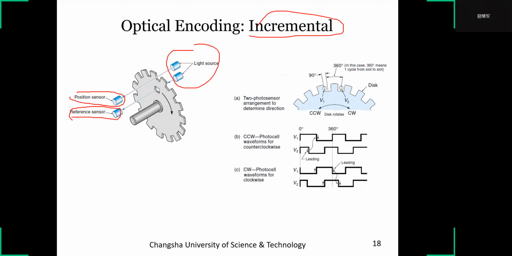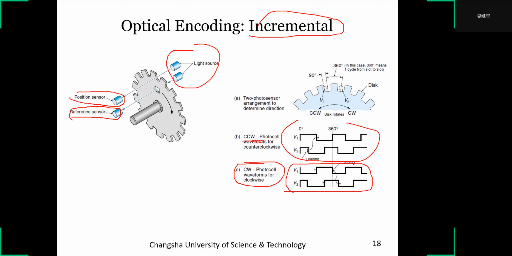When the encoder turns in different directions, CCW is counterclockwise. This is the signal. When the encoder turns clockwise, this is the output.